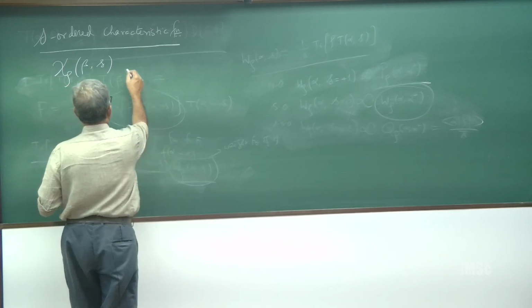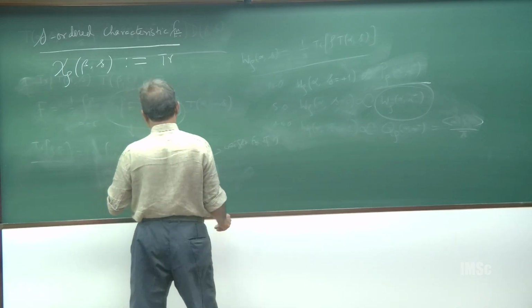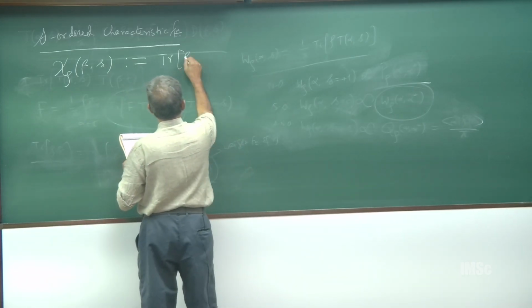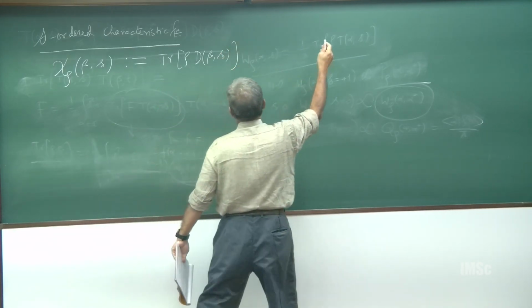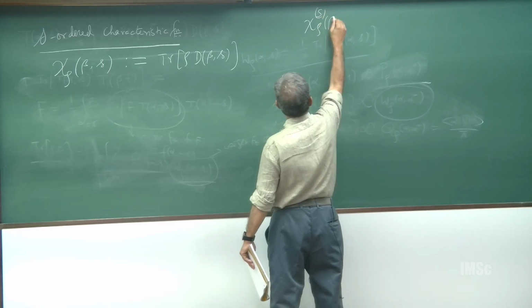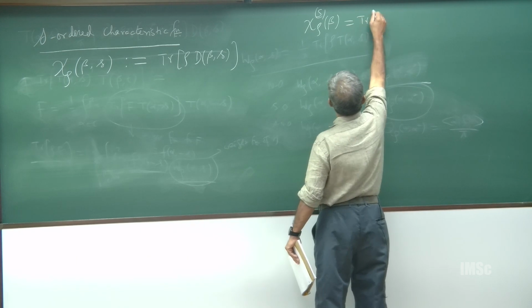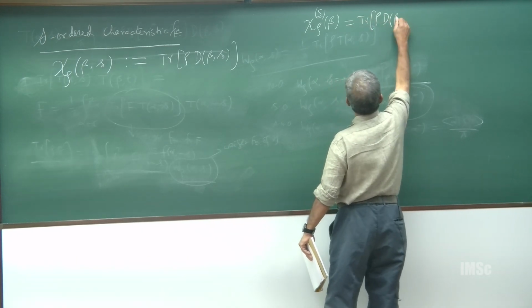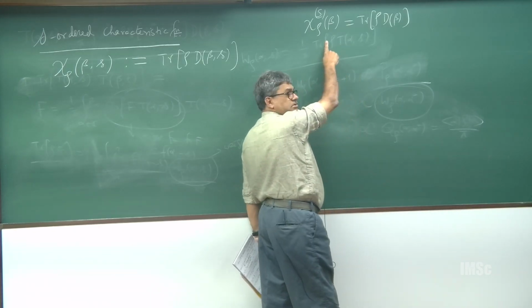So, by definition, this is the trace of rho then D of beta S. Remember, our symmetric ordered characteristic function was the trace of rho D of beta, and if I take the Fourier transform of this, I will get the Wigner function, right.